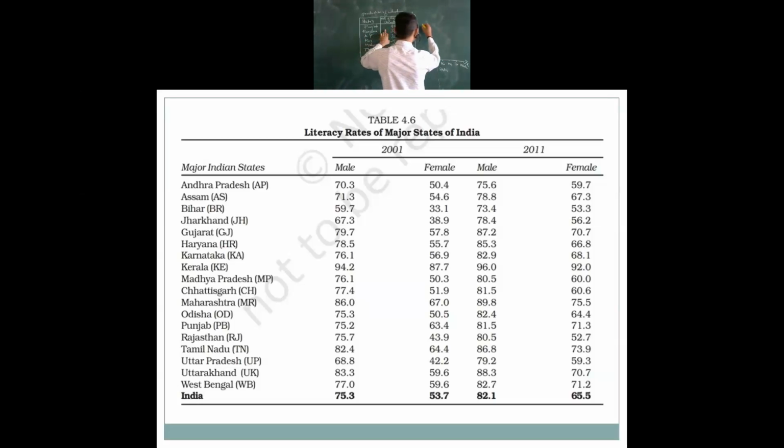I will draw the simple bar diagram just like this. See, done. This is for Punjab. Then Haryana comes over here.